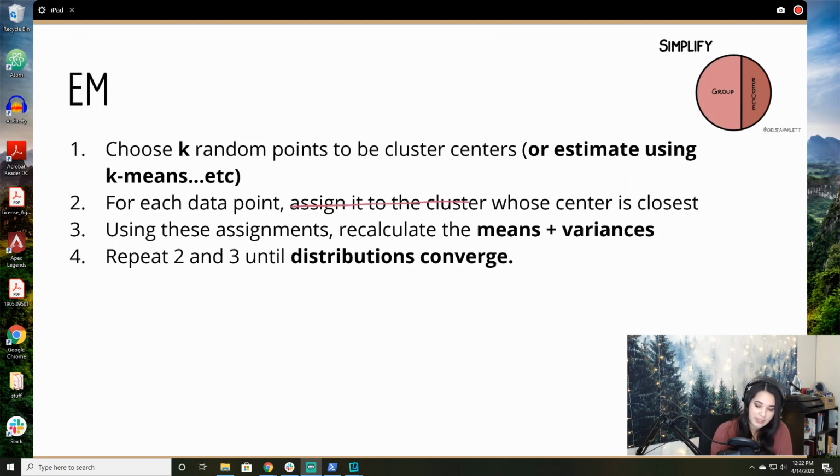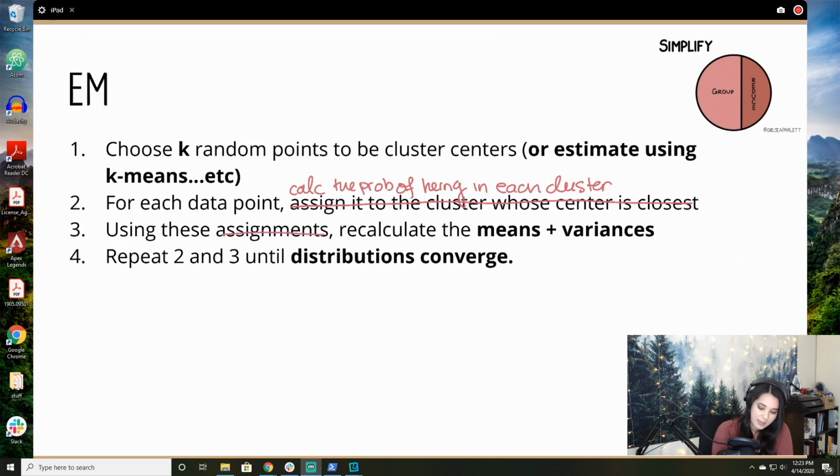Now, for expectation maximization, we talked about the fact that we do soft or probabilistic assignment instead of hard assignment. So instead of assigning each data point to a cluster, for each data point, we calculate the probability of being in each cluster. So instead of getting a hard assignment of you're in this cluster, you're in that cluster, we're instead going to calculate the probability for every data point that they're in every cluster.